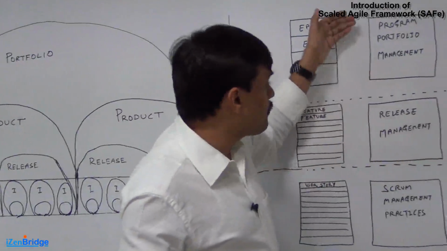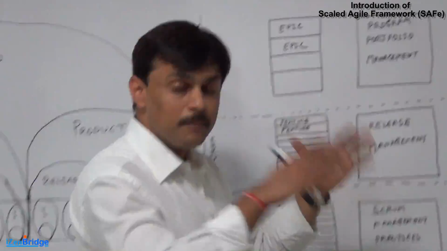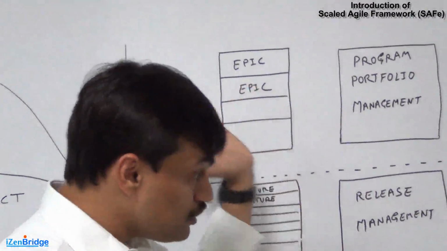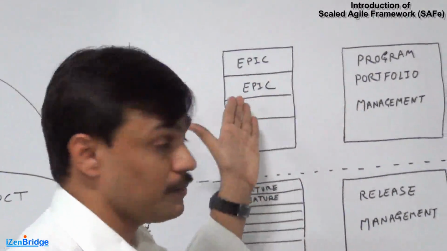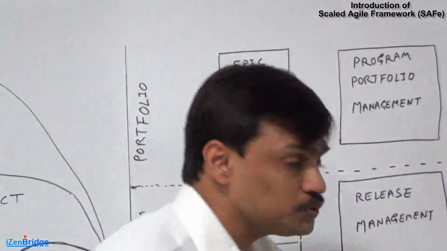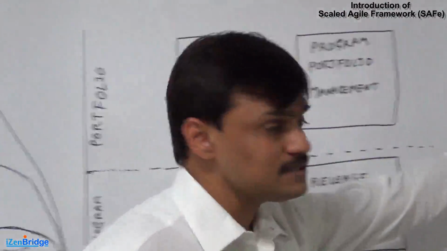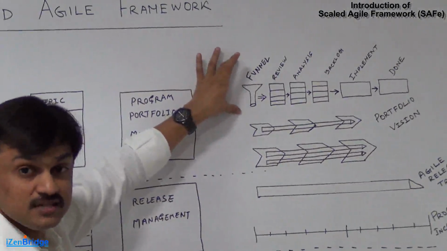Portfolio is managed by program portfolio management. There is a group which is the top level governing and management authority, which not only approves the portfolio epics, the business epics, but also looks into the execution. It also closes the loop. It follows a Kanban system where this group keeps getting new business initiative ideas.